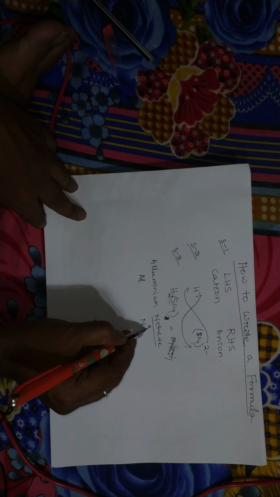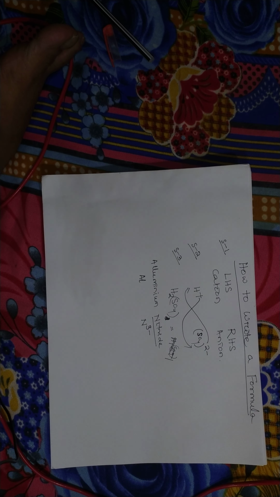Nitride means N3 minus. Nitrate, nitrite, nitride. Phosphate, phosphite, phosphide. Sulfate, sulfite, sulfide. These are very important anions which can cause confusion.